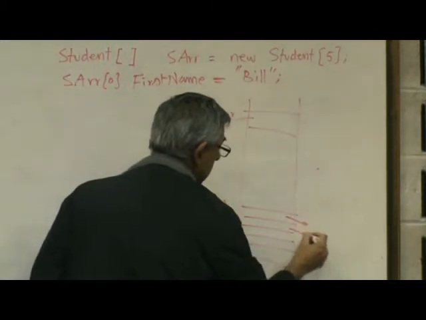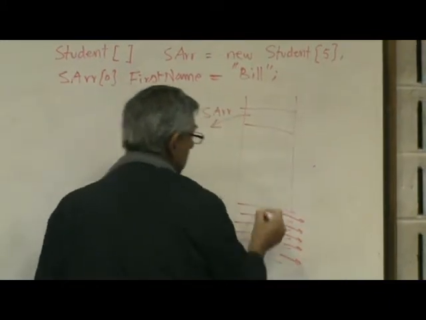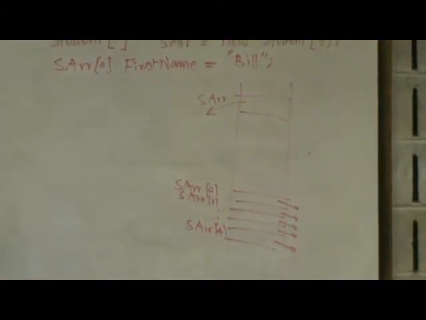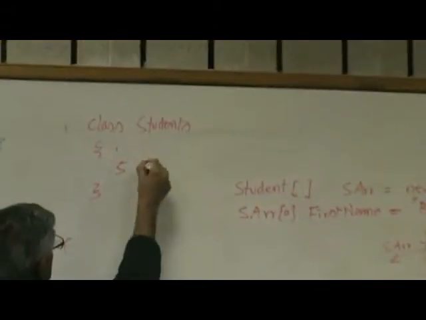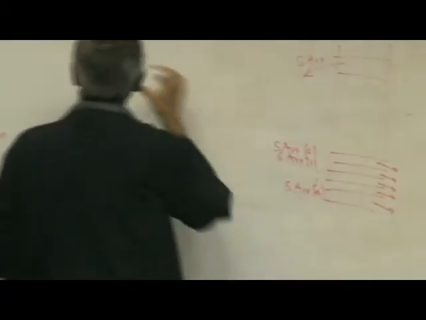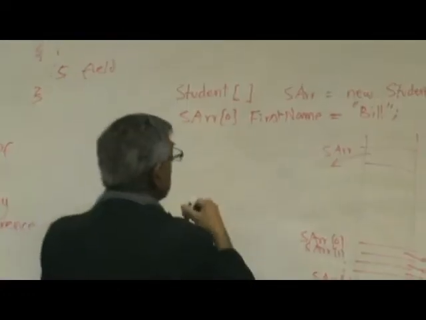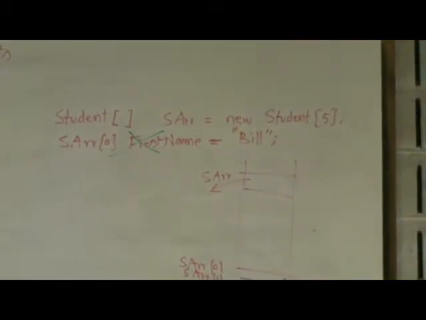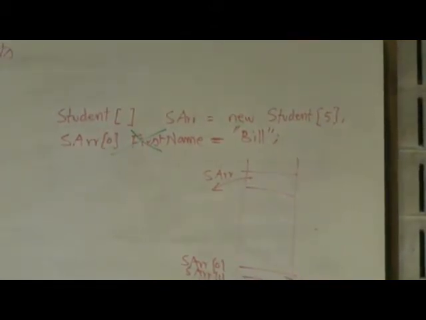However, these are pointing to nowhere. So this is like a single memory for each reference, but each student has 5 fields over here, let's pretend. So the memory for the 5 fields does not exist yet. So that's why if you try to do this right away, you will get a runtime error because there's no memory to store the first name, right?